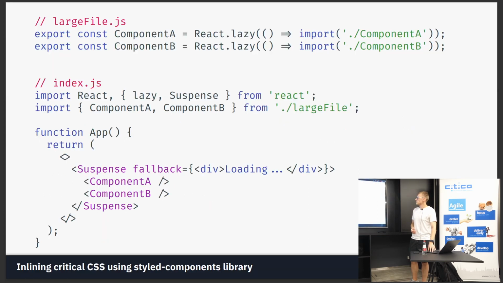So for example, this is our large file JS. We use the React Lazy to load both of the components, and then we lazily load a couple of components there, and then we extract them from the large file without caring about the rest of it.